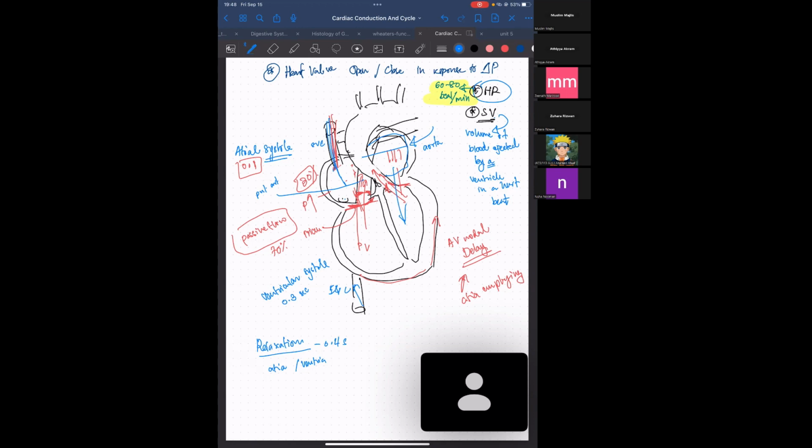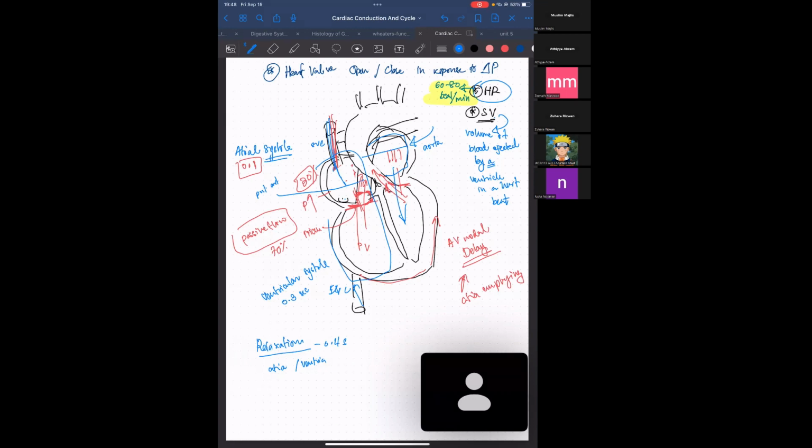So this is pretty simple. If you all understand it step by step, this is how the blood goes. Mostly the right side of the heart deals with oxygen-poor blood and the left side deals with oxygen-rich blood. I won't say deoxygenated blood because it is not completely out of oxygen. It's oxygen-poor blood and oxygen-rich blood.